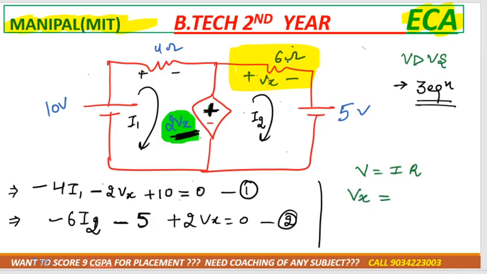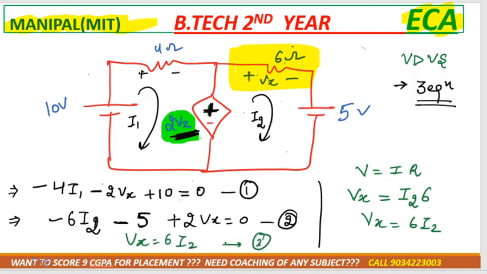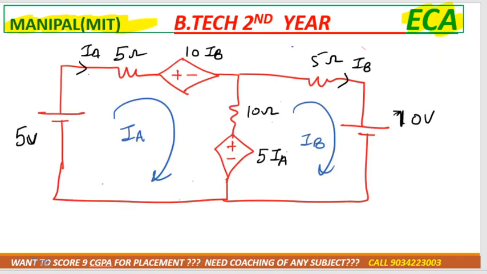Current flowing in the 6 ohm is I2, and resistance is 6. So can we say that Vx is equal to 6I2? That will be our third equation. Okay, that will be our third equation. So we'll have 3 variables and 3 equations.